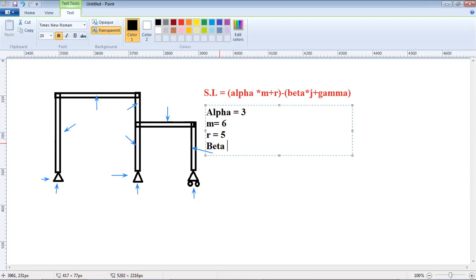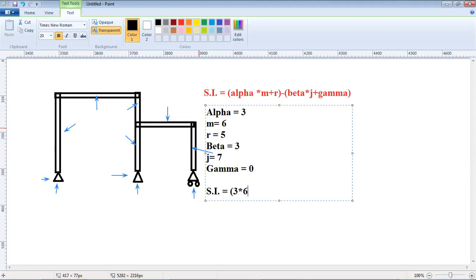Beta is the number of equilibrium equations. There are 3 for a frame. J is the number of joints: 1, 2, 3, 4, 5, 6, 7. 7 joints. Gamma is 0. So now the value of SI would be 3 into number of members.